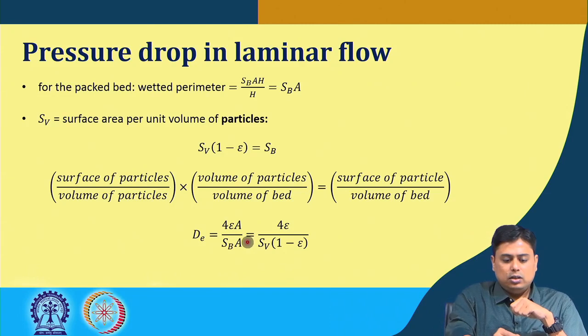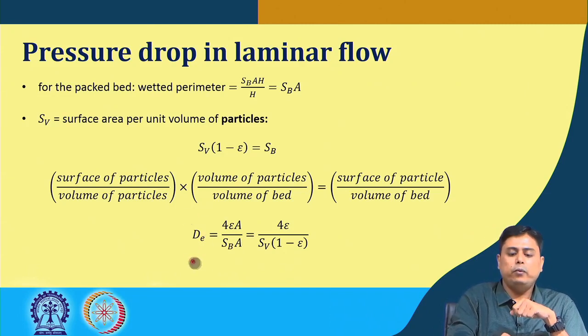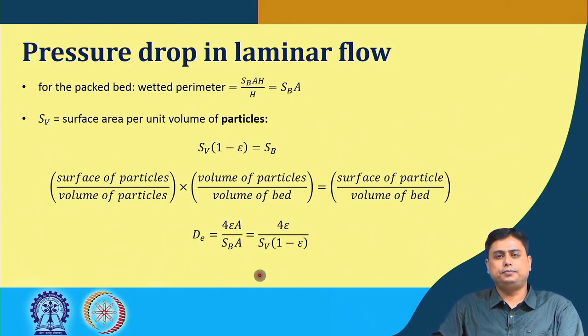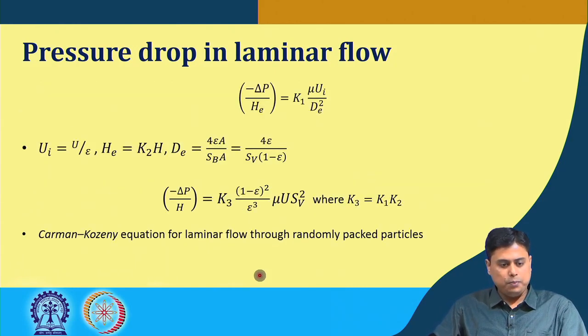So having said that, we get the expression for d E, the equivalent diameter. And then what we do, we go back to the expression that del P by H was a constant multiplied by mu u by d E square.